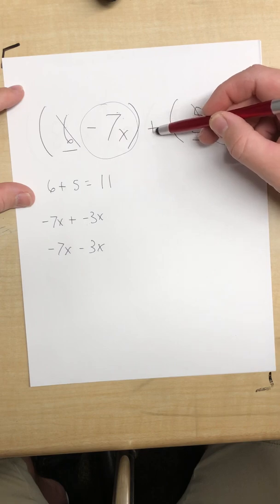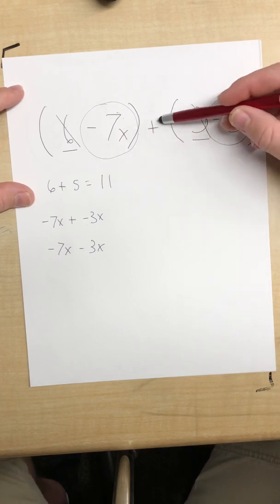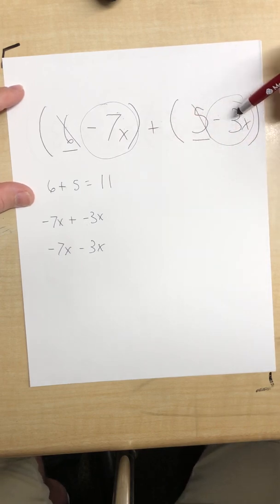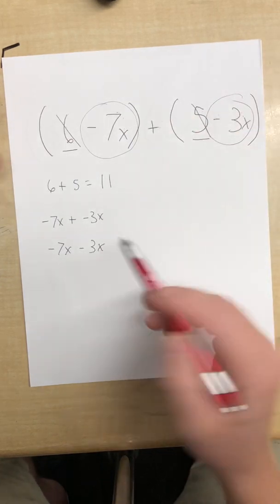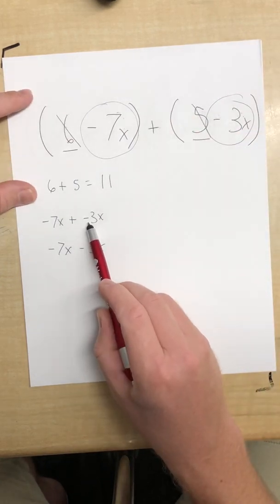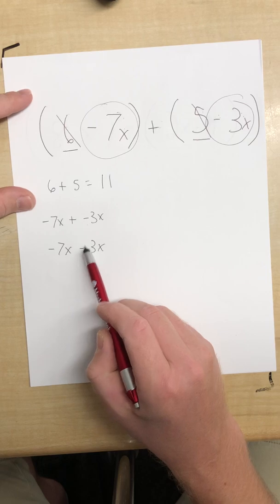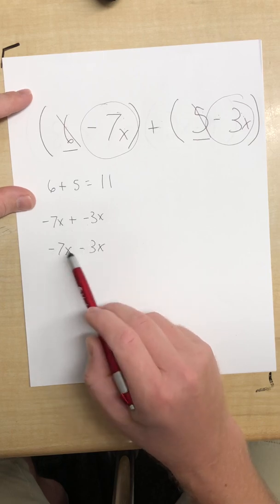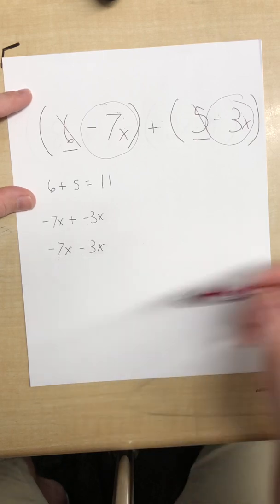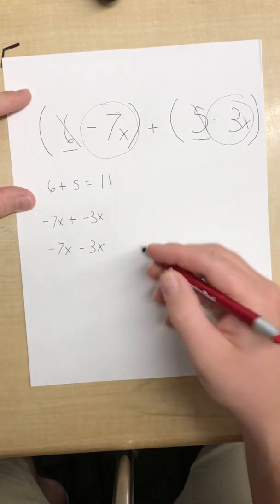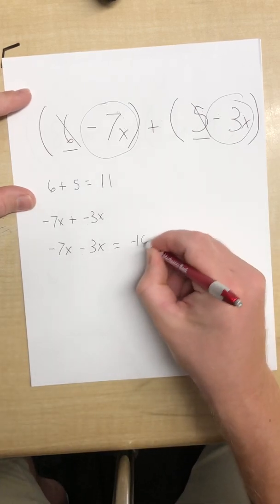You see the plus sign and you think, oh, 7 plus 3, that'd be negative 4. So no, it's not, because that subtraction sign does not cancel out. It overtakes that plus sign, and it's just negative 7 minus 3, so we keep going in the negative direction, and that's going to be negative 10x.